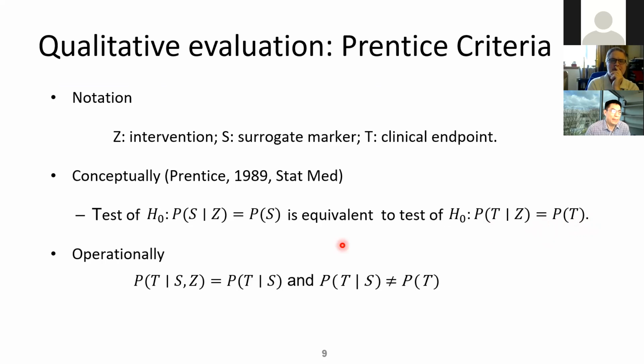Operationally, the distribution of clinical endpoints given surrogate markers and intervention should be equal to the distribution of clinical endpoints given the surrogate marker, and the distribution of clinical endpoints given the surrogate marker is not the same as the distribution of clinical endpoints itself.